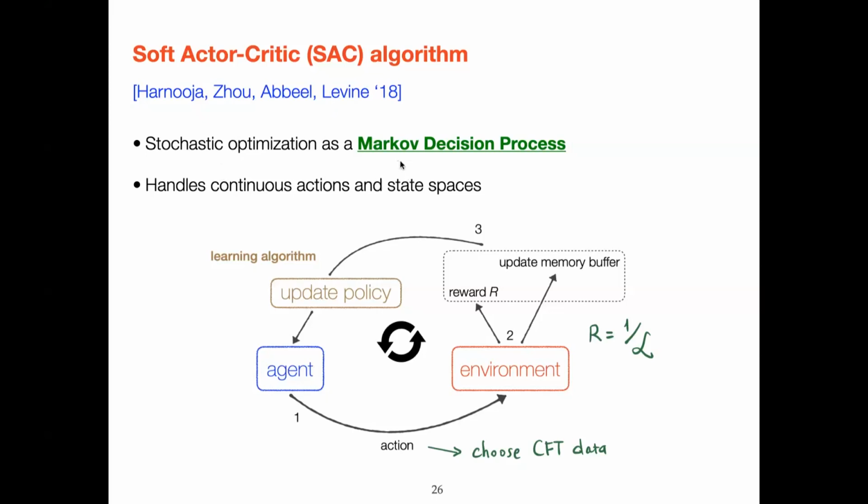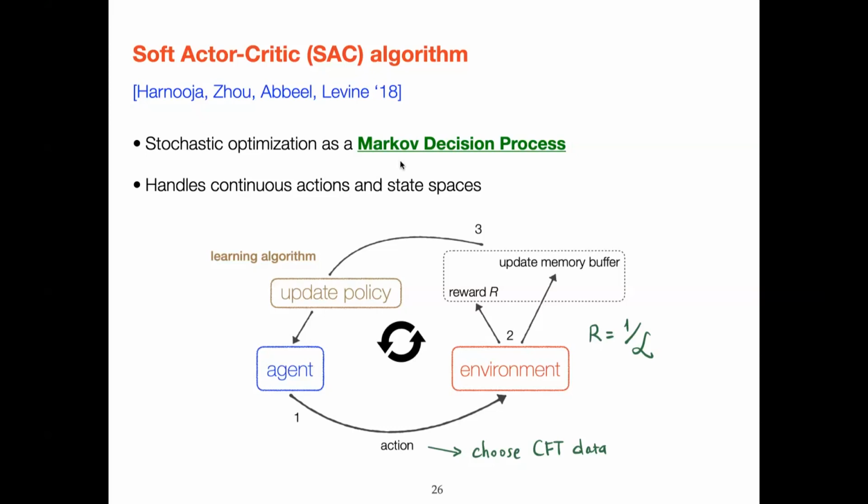But we treat this as a Markov decision process. So although in standard stochastic optimization, you have some fixed probability distribution that tells you how to pick the next motion, the next point, your next action.